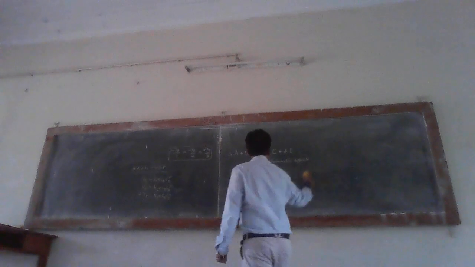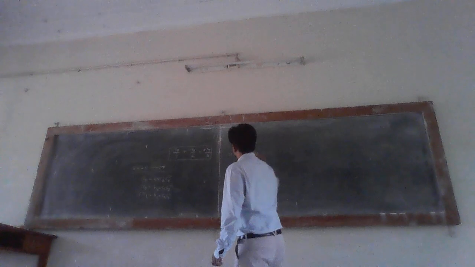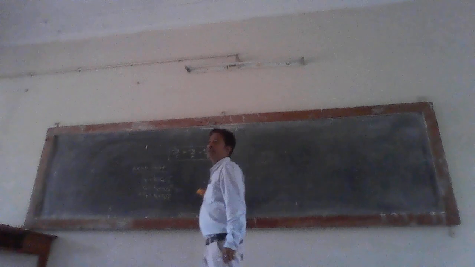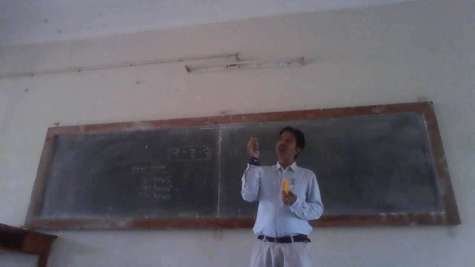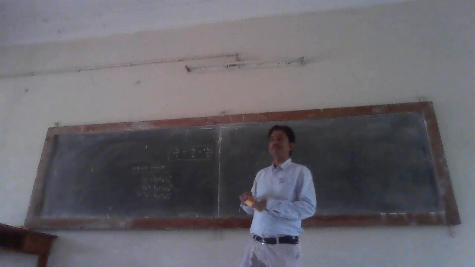Now, come to the next concept, because we already discussed molecularity. What is molecularity? Molecularity we defined as the number of molecules participating in the reaction. Now let us come back again to the same definition of molecularity.